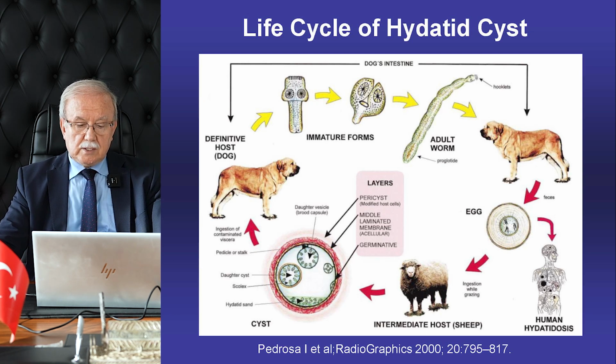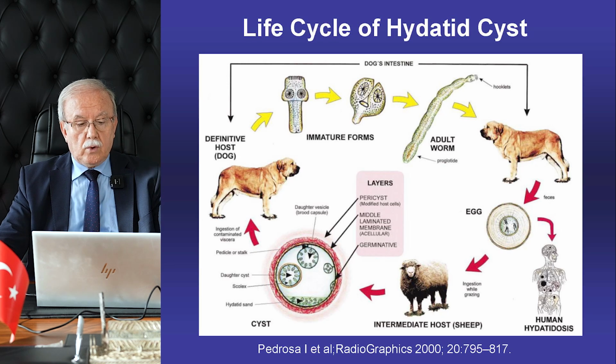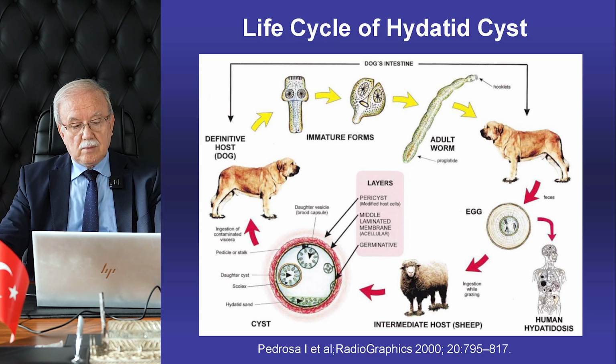The hydatid cyst becomes mature, developing bigger every day. Then some of the infected organs are ingested by dogs, the definitive host can get the disease, and finally the immature forms become mature in the jejunum.